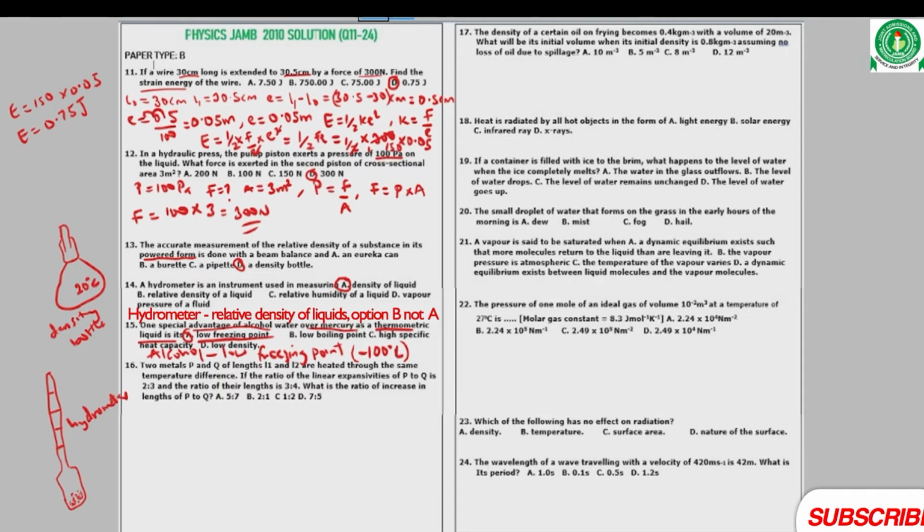Below minus 100 means that it can measure a temperature below minus 100 degrees Celsius. So that's why it's an advantage.